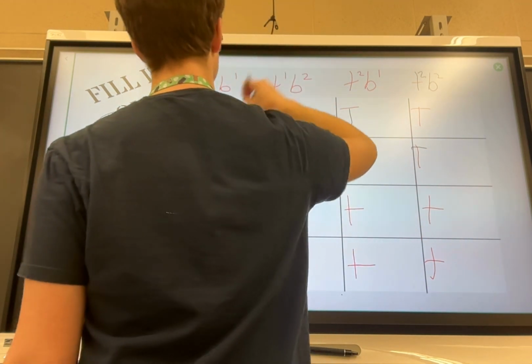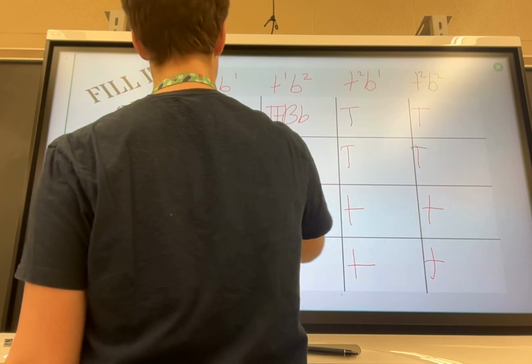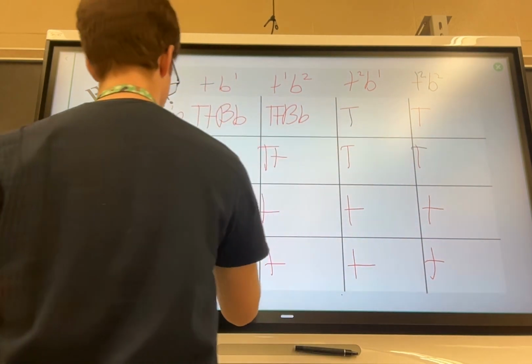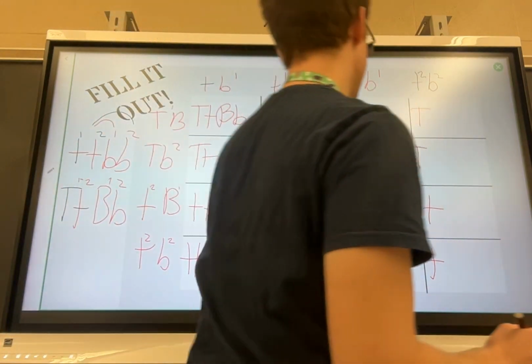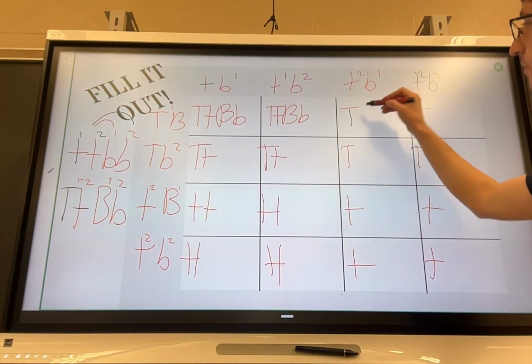So let's actually take this down first. So take the t's down. 100% of the time for this one, we're going to get recessive t's coming down.